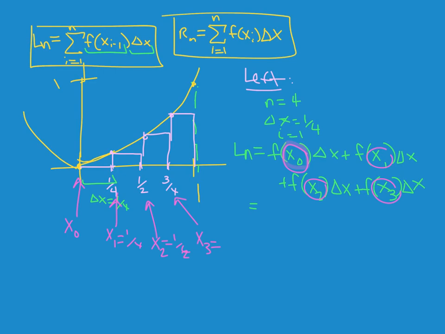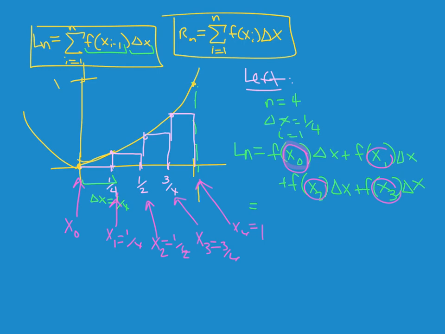The subscript is going to be, like this 3/4 is the third point that we have on our x values on our graph. X sub 4 doesn't appear in this equation. It's going to be equal to 1. However, it will appear in our next one when we do the right Riemann sum.